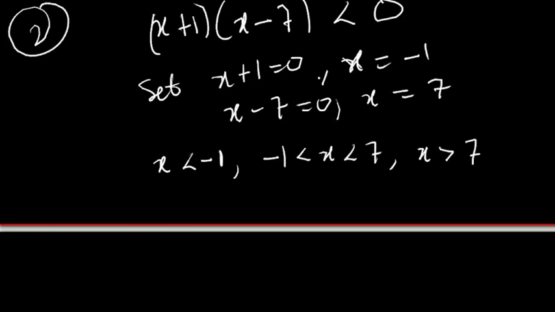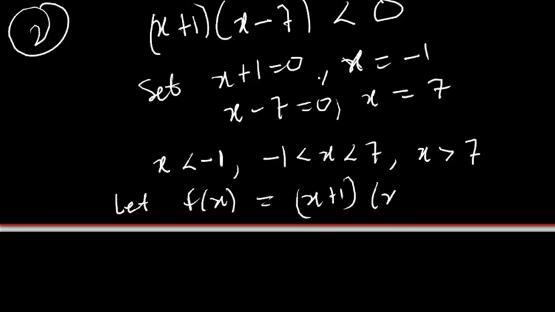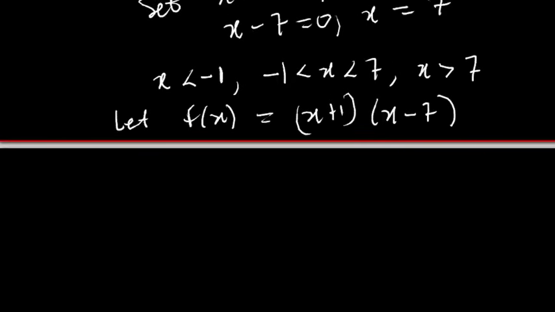We have 3 suggestions, but is this our final answer? No. How are we going to check to know our final answer? We say let f of x be equal to x plus 1 and x minus 7. Now, the first inequality we have here is x less than minus 1. Think of a value that is lesser than minus 1.